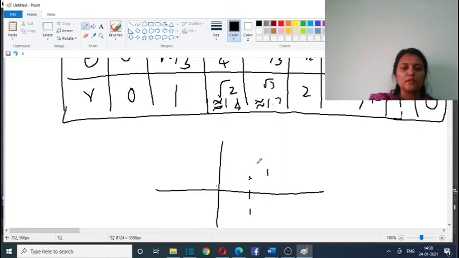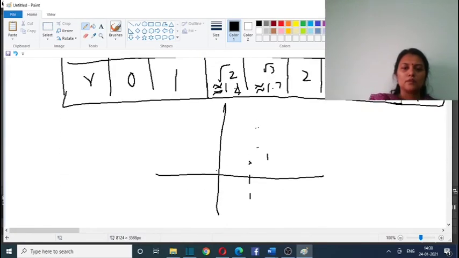And when theta equal to pi by 2, the value is 2, so here. The next value is root 3, somewhere here. This is root 2, and this is 1. So the graph will be something like this.